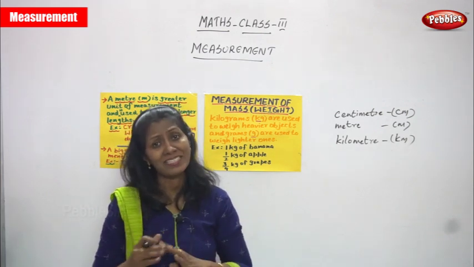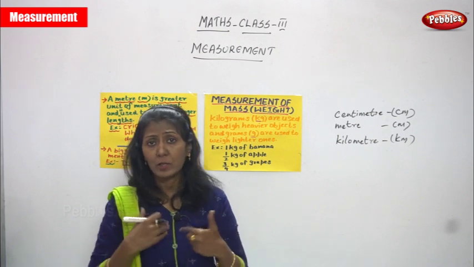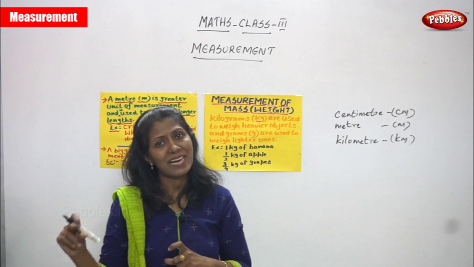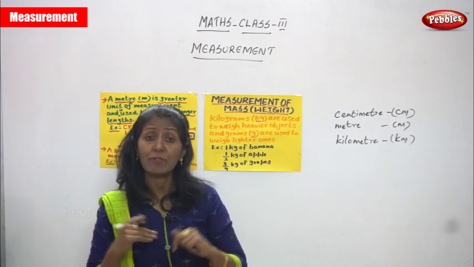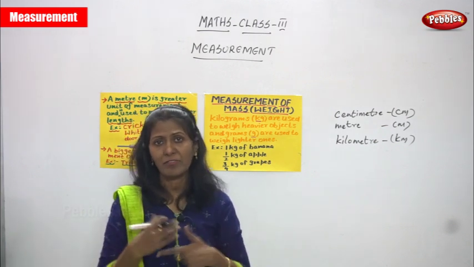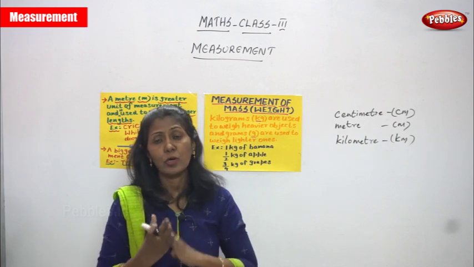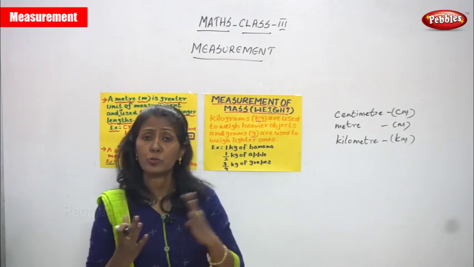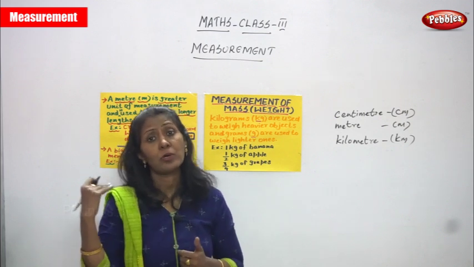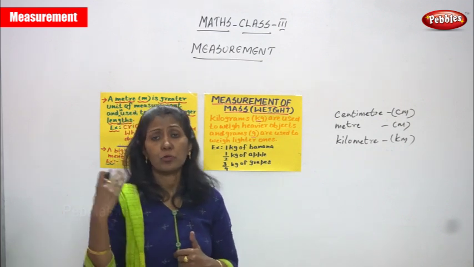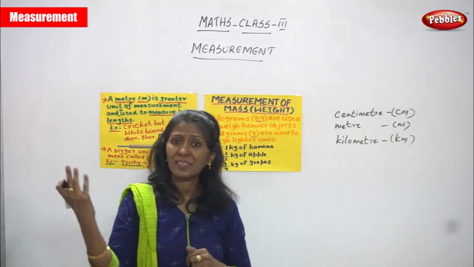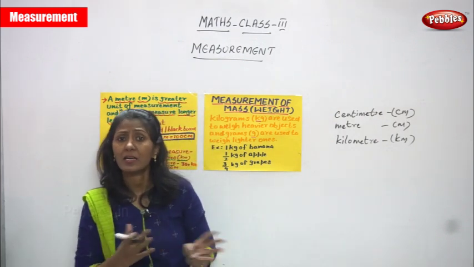Longer length is measured in meter. I said to you, it is a middle length, so it comes under meter, compared with the very far distance. Very far distance means you want to travel from one place to another, from Trichy to Bangalore, or Trichy to Coimbatore, or Coimbatore to Chennai, or Bangalore to Coimbatore, or Delhi to Uttar Pradesh, Delhi to Chandigarh.